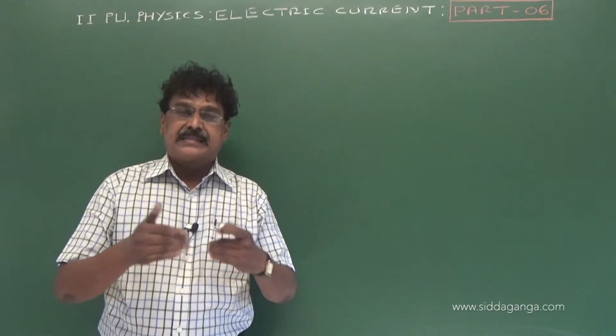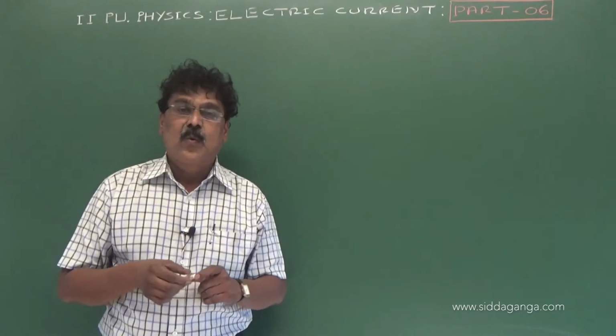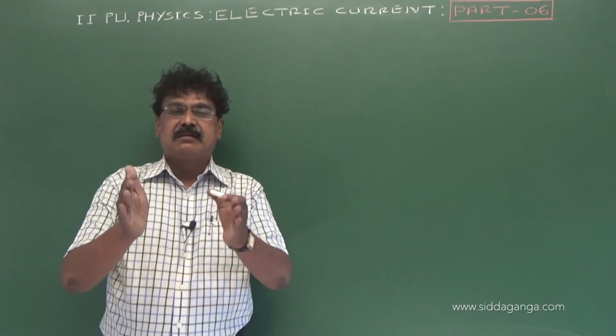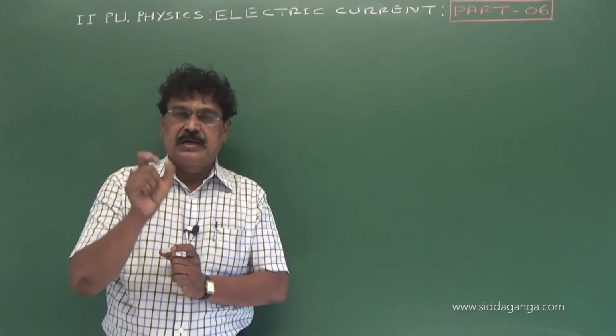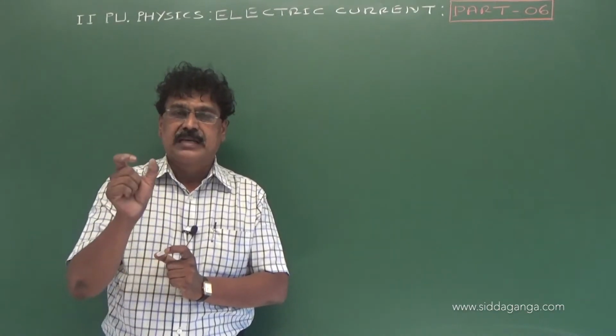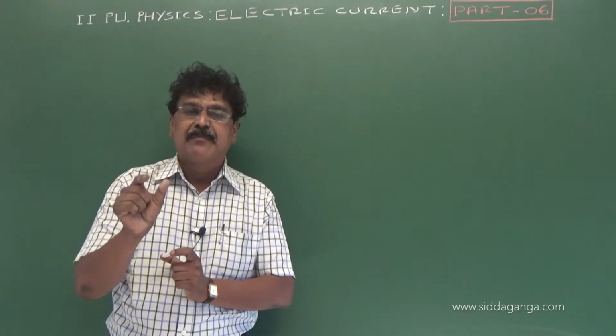The SI unit of electrical resistance is ohm. Resistance of a conductor is said to be 1 ohm when a potential difference of 1 volt across the conductor produces a current of 1 ampere in it.